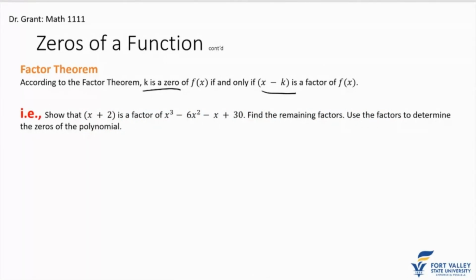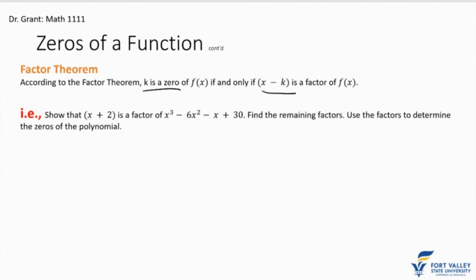Here we are asked to show that x plus 2 is a factor of x cubed minus 6x squared minus x plus 30. After we prove that, we have to find the remaining factors and use that to determine the zeros of the polynomial.